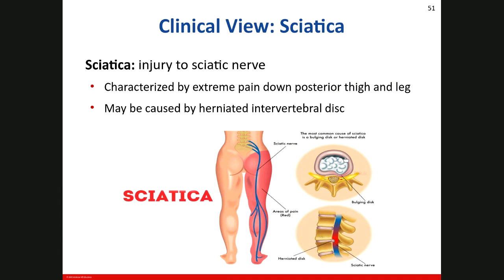Sometimes we have an intervertebral disc hernia. This hernia can make pressure on the nerve. It may be unilateral or bilateral. Most of the time it's unilateral, and that part has a very bad pain on one side of the body. This is about the sciatic nerve.